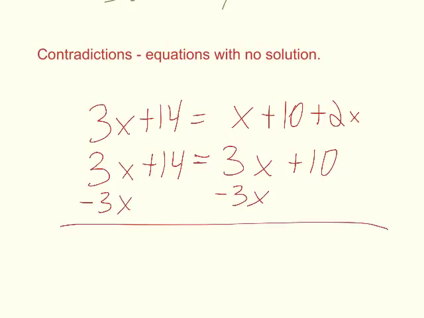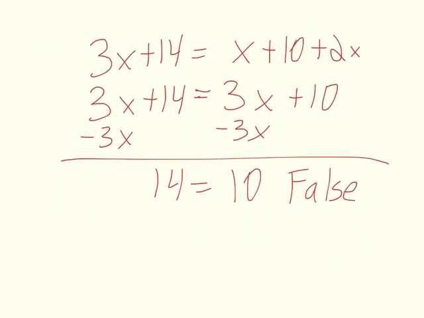They add out to 0 on the left, 3x minus 3x, leaving you with a 14. They add out to 0 on the right-hand side, leaving you with a 10. So what's left behind here doesn't make any sense mathematically. 14 is not equal to 10. So that is a false statement, which means that you have no solution. And this is a contradiction.